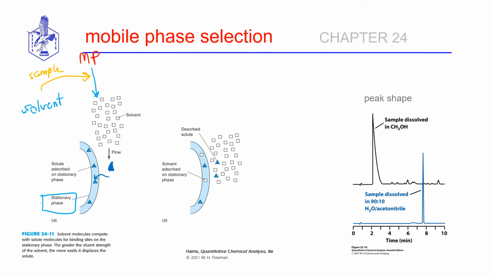In selecting our mobile phase, it's important that we tweak the polarity of the mobile phase, because we do not want our sample components to stay in the stationary phase forever. At some point, we want our sample components to come back out. At some stage in the separation, I need for it to finish traversing the column and come off the end, so it can be detected.